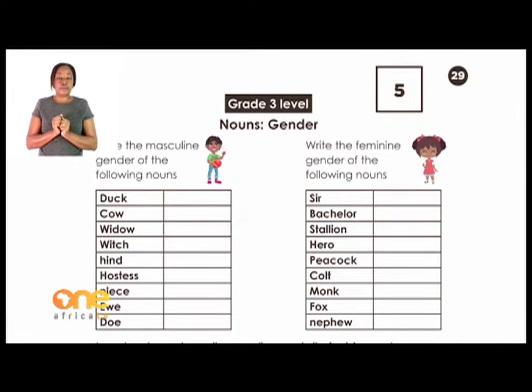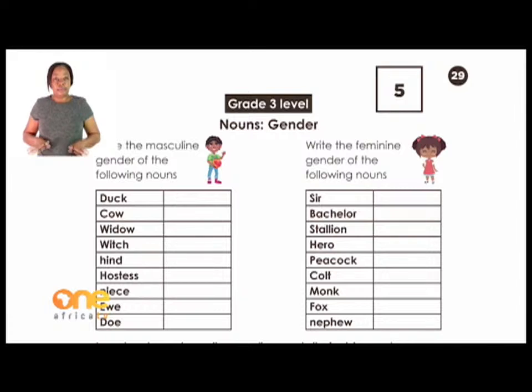Okay, so let's do the first one together and see if you can also go and search more and find the others. Now we are given the first word, there is a duck. A duck is a female, a girl.